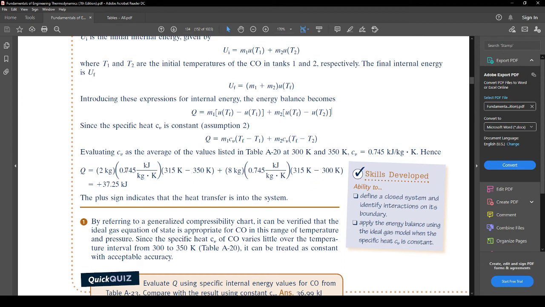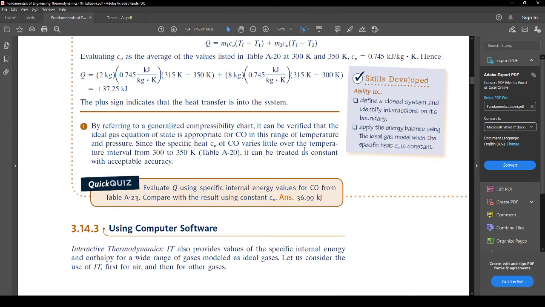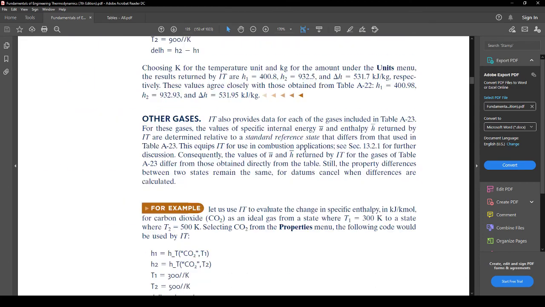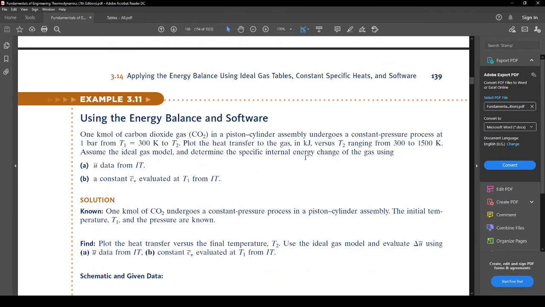But if you select a specific heat at, let's say, 400, in between 300 and 500, it would better represent it. So if I ask you to use an average specific heat, I mean to grab one in between the two temperature ranges. Is that all good? Does everybody understand that?